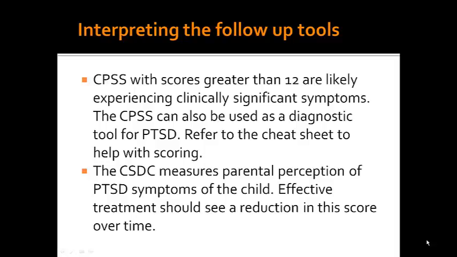There will be a cheat sheet that will be attached to the information for the CPSS that you can access through the VPN that will help you understand better how to present this information, as well as understanding diagnostically what this is telling you. Bottom line is what you're being told through the CPSS is different PTSD symptoms and the severity of those symptoms based on what the child fills out on that form.